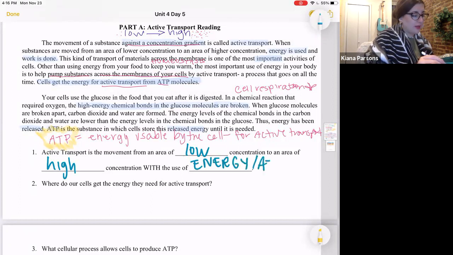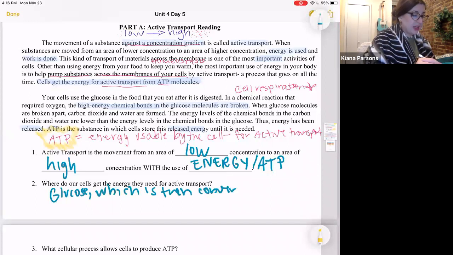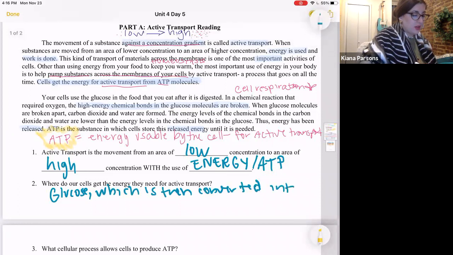Where do our cells get the energy they need for active transport? Glucose, which is then converted into ATP via cellular respiration.